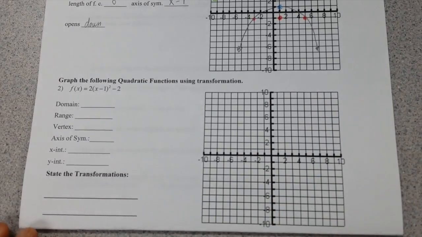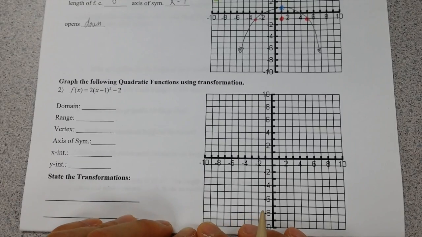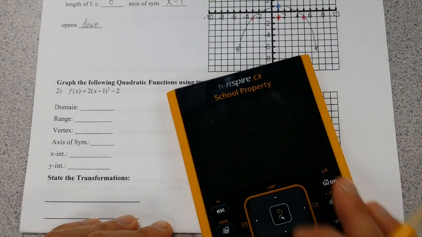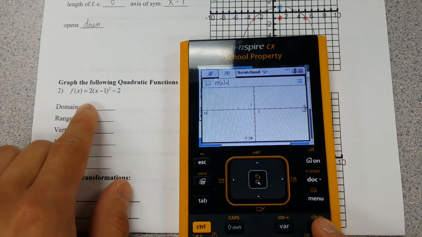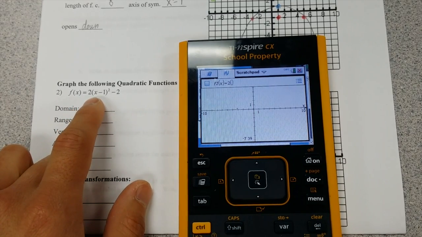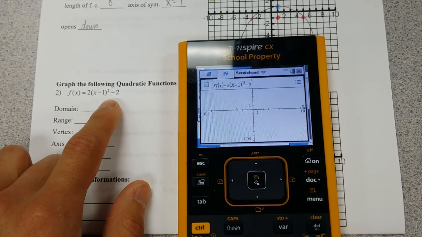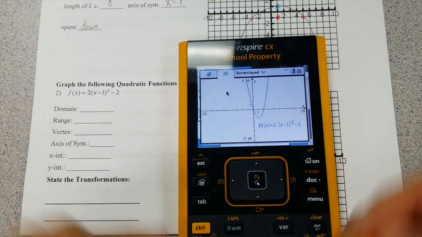Number 2 asks us to graph the following quadratic function using transformations: f of x equals 2 times (x minus 1) squared minus 2. For this problem, you can really just use the calculator. If you go to the graph and put the equation in, 2 open parenthesis x minus 1 close parenthesis squared minus 2, this is what the graph should look like.